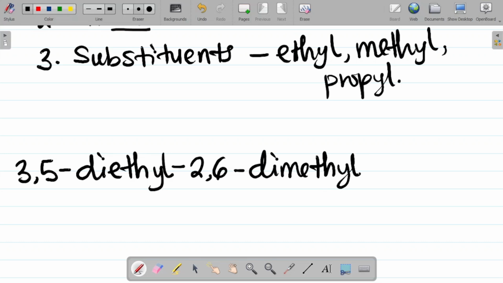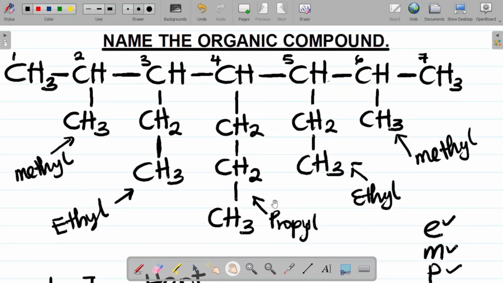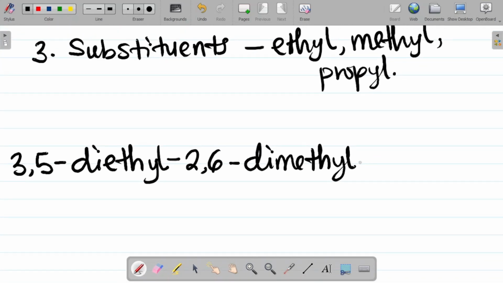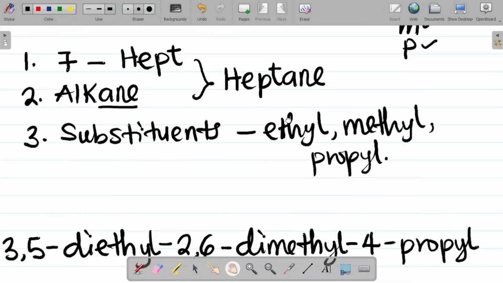Next up, I'm done with methyl. Let's pick propyl. If I look at propyl, I have just a single propyl here, which is attached to carbon 4. So it becomes 4-propyl. With this now, I am done with all the substituents. I will now take the parent name, which is heptane.